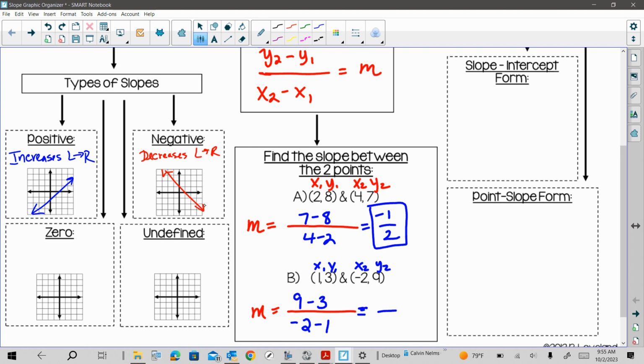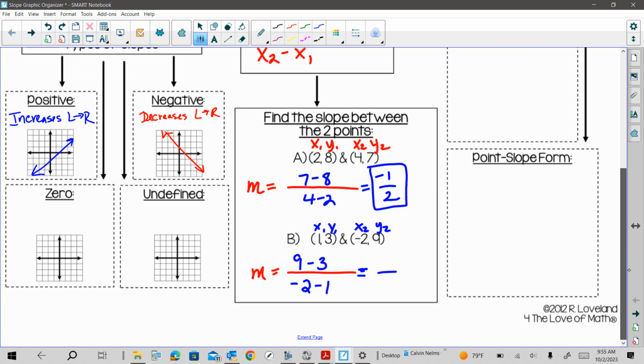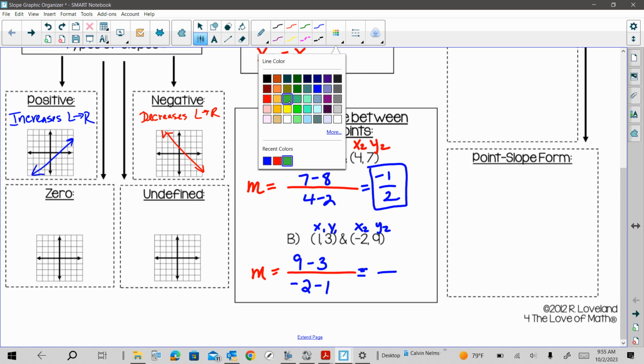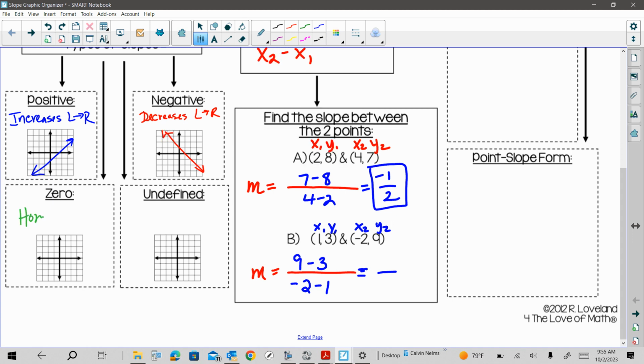Now we do have some special cases. Zero slope, okay? A zero slope is going to be a horizontal line. So it's just left to right, but it's horizontal. It does not go up or down.